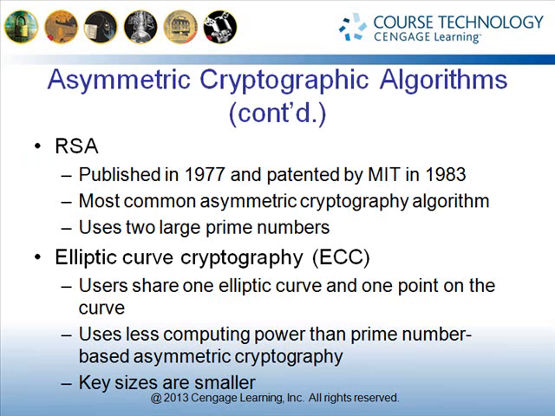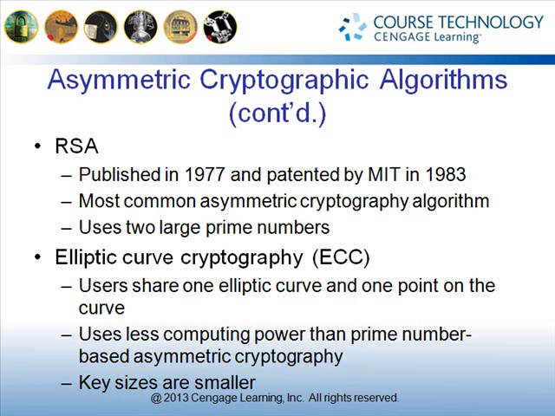RSA is the most common asymmetric cryptographic algorithm, and it's actually the basis for several products. RSA multiplies two prime numbers and goes through several different computations. RSA is actually slower than some other algorithms, but it provides a strong degree of security.